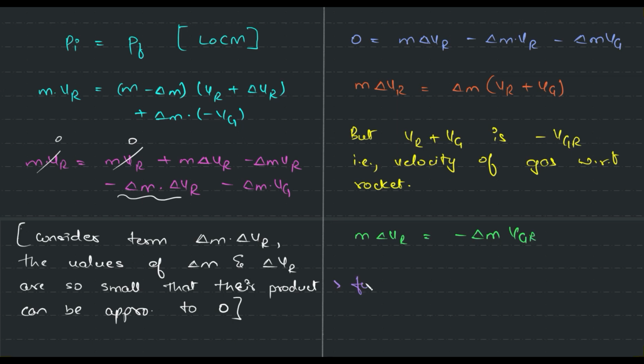Now, for a small time frame tending to 0, your delta Vr will become dVr, and your delta M tends to dm.